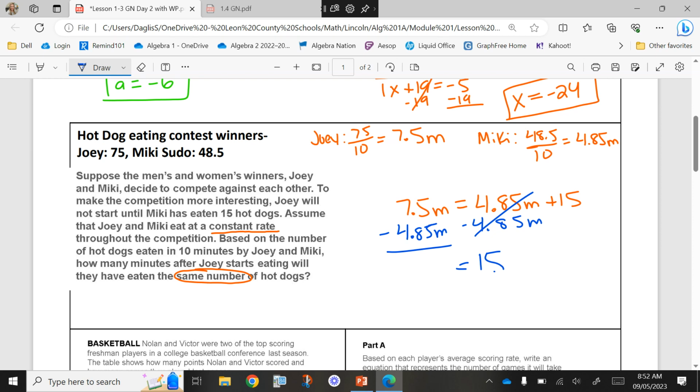Come on, it said you need a calculator. You should have one. 2.65? 2.65, all right. So we have 2.65 m equals 15. Now what do we do? Yeah, we're going to divide by 2.65.